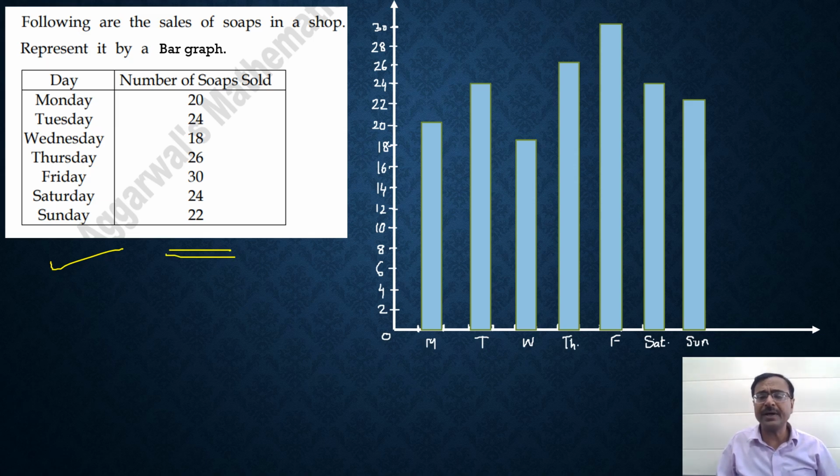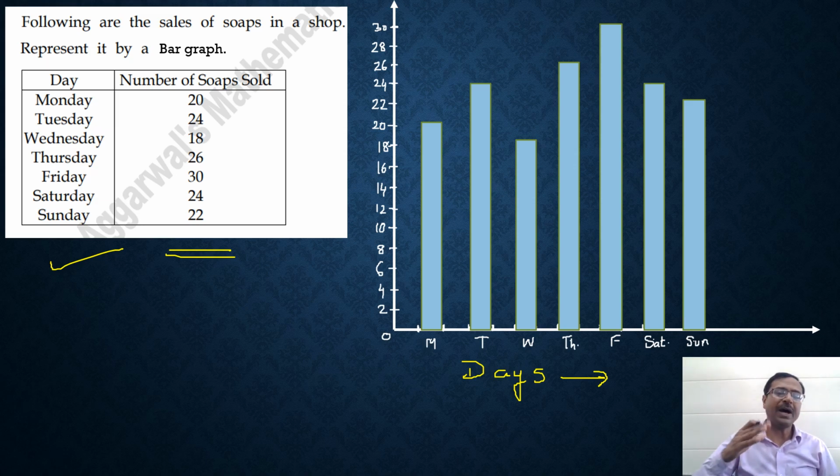You can see on the x-axis, I have taken the days of the week: Monday, Tuesday, Wednesday, Thursday, Friday, Saturday, and Sunday. I've separated them by 1 centimeter each. And on the y-axis, you can see I have taken the number of soaps sold.